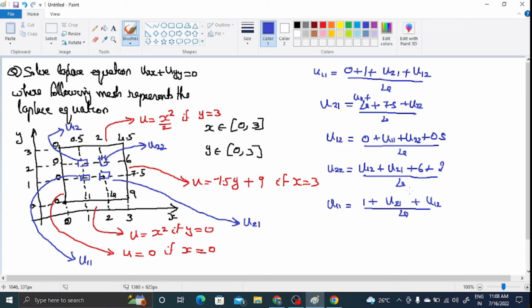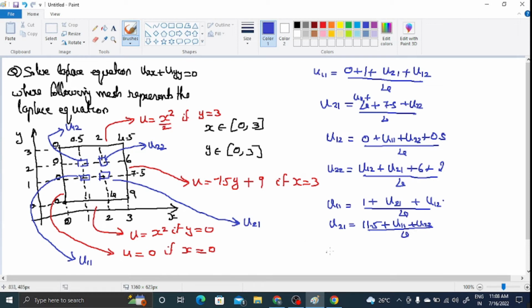Similarly, u21 is equal to the constant 4 plus 7.5, that is 11.5, plus u11 plus u22, divided by 4.